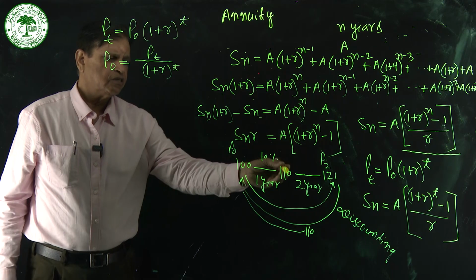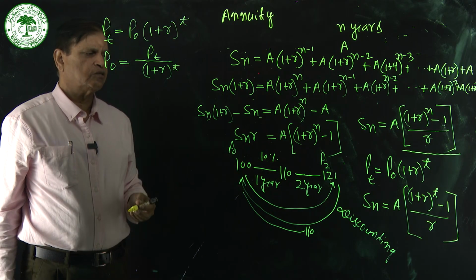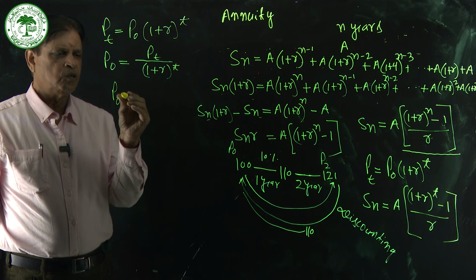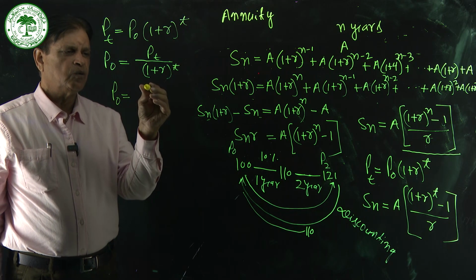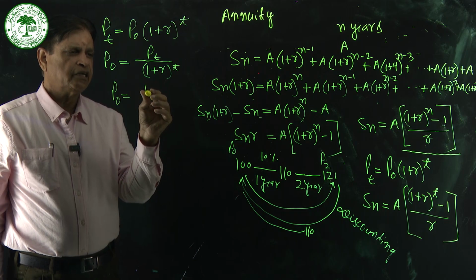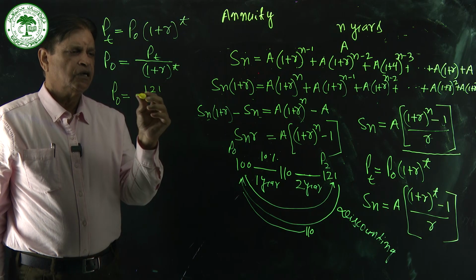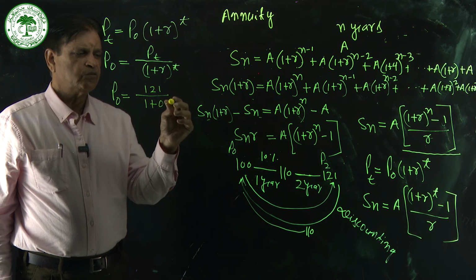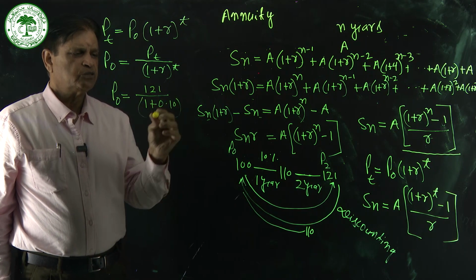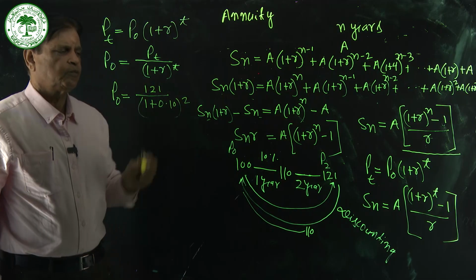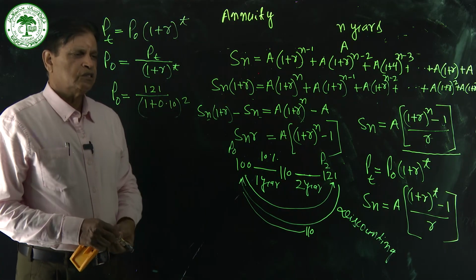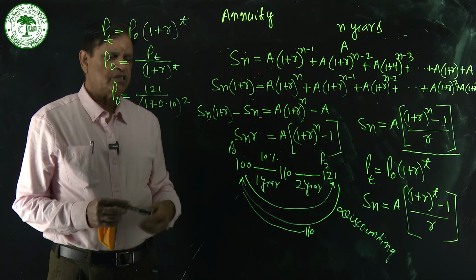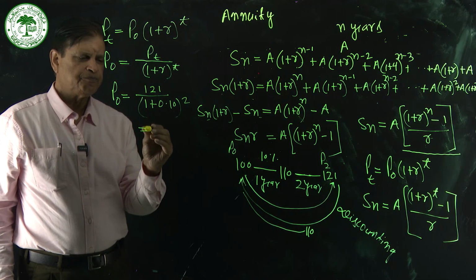So in this case, the present value will be P0 and you are given P2, that is 121, divided by 1 plus 0.10 raised to the power 2. Using this we can find out P0, and P0 here will be 100.